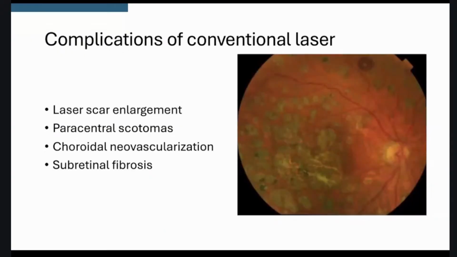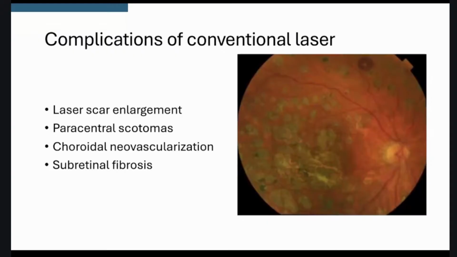The problem, though, with laser is that we've seen other complications. With laser, you get what's called laser creep, where the laser scars can get bigger, and it can involve the fovea and cause the patient to lose vision.